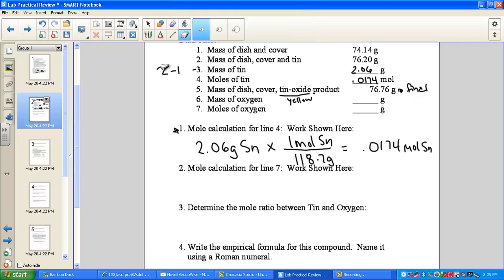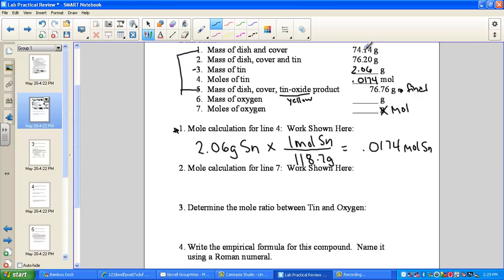So how might we calculate the mass of the oxygen, and then the moles of the oxygen? This, by the way, should be a mole unit. Please repair that on your paper. So the mass of the oxygen, notice here we can figure this out because we know the mass of the dish and cover, and the mass of the dish, cover, and tin oxide.